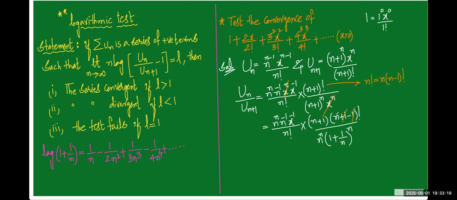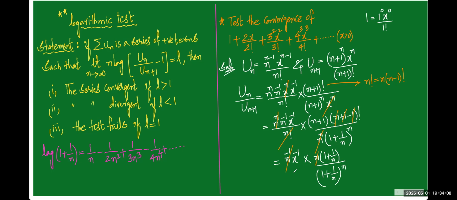So now look at the next step, which is equal to n power minus 1 into x power minus 1 is left here, multiplied by, here I will take n common again, 1 plus 1 by n divided by 1 plus 1 by n whole power n. Again, look at this, n power minus 1 and n power plus 1 cancel.